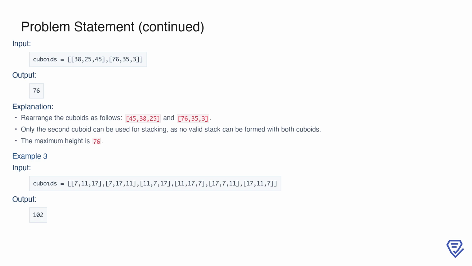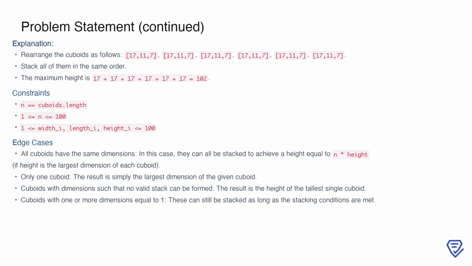This shows that if no valid stack can be formed with multiple cuboids, the maximum height is determined by the tallest cuboid. In the third example, we have six cuboids with dimensions 7, 11, 17; 7, 17, 11; 11, 7, 17; 11, 17, 7; 17, 7, 11; 17, 11, 7. By rearranging all the cuboids, we can standardize their dimensions to 17, 11, 7.